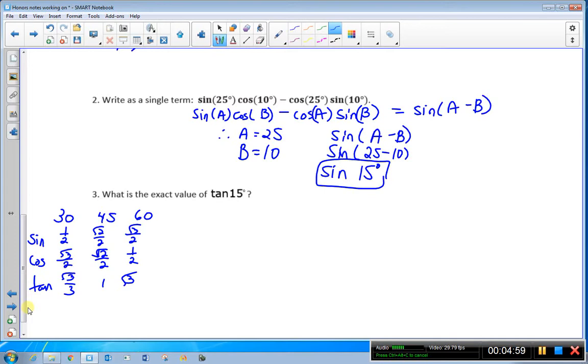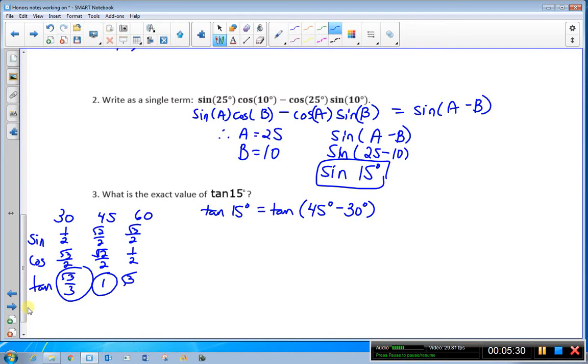So if we can write the tan of 15 as a sum or a difference, I'm going to go with 45 minus 30. If we use the tan formula, then we will be able to replace with tan 45 and tan 30, which we have values for. And so we can get the exact value. Exact value means radicals. It does not mean just punch it in your calculator and give a decimal.